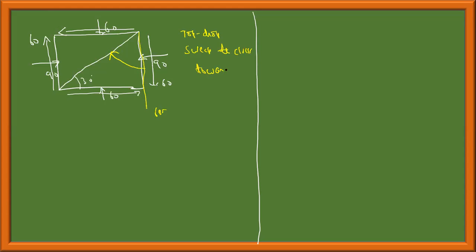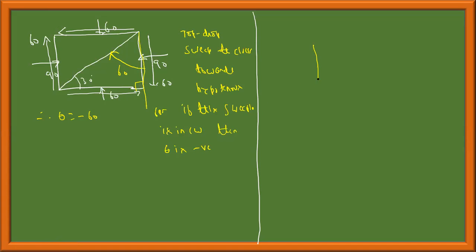If this sweeping is in clockwise direction, then theta is negative, as in this case. If this is 30 and this is 90, this will be 60. Therefore, since sweeping is in clockwise direction, theta is minus 60.